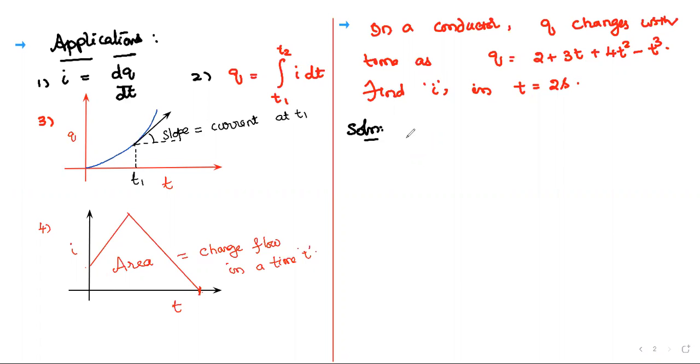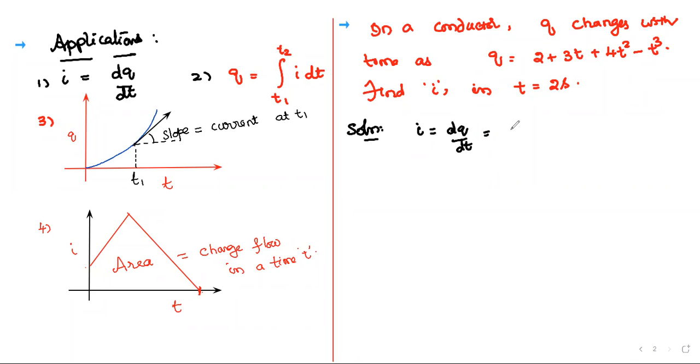Charanjit is saying it is 8. No, Charanjit, many are saying it is 7. Once you check, I is dq by dt by differentiating. Sai Srikar also, new person also saying it is 7.